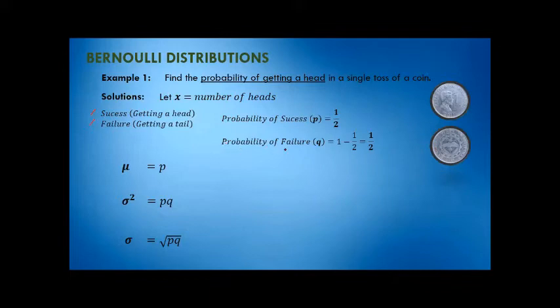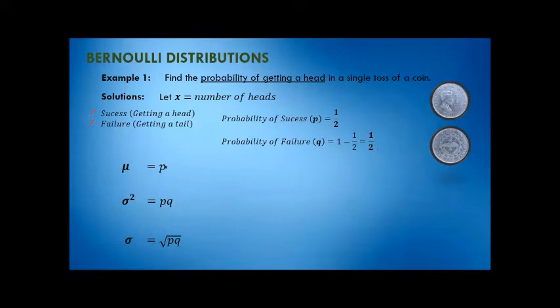And then, probability of failure is equals to Q. That is equivalent to 1 minus 1/2. 1 minus 1/2 is equals to 1/2. So, ibig sabihin, ang probability of success of getting a head is 1/2. The probability of failure or getting a tail is also 1/2. Okay?